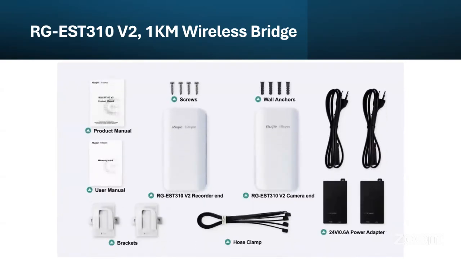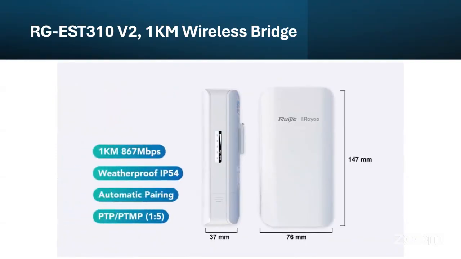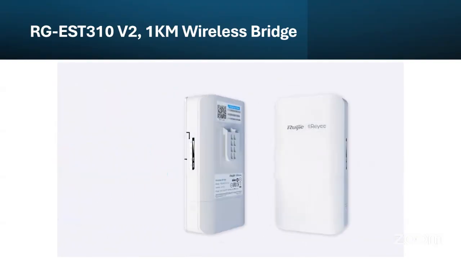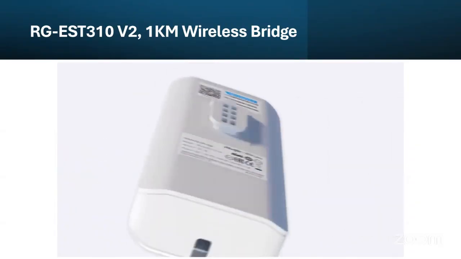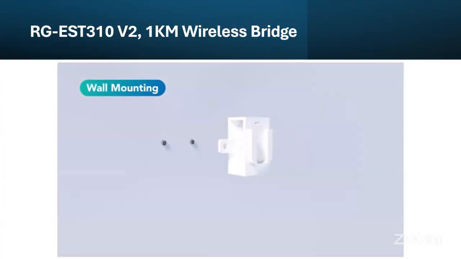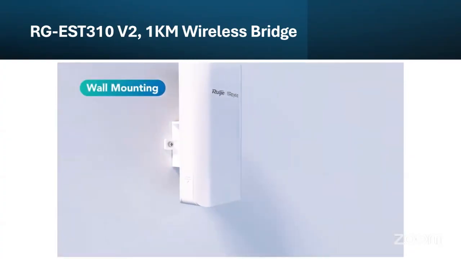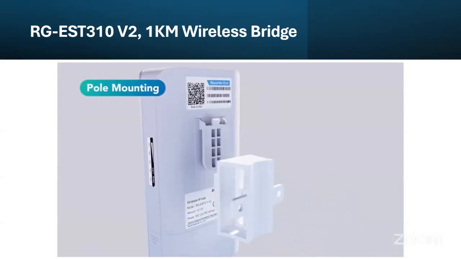This is the RG-EST310 V2, designed for wireless reach of up to 1 kilometer. It has signal indicators and one 100 megabits per second port. It has wall mounting and pole mounting also.